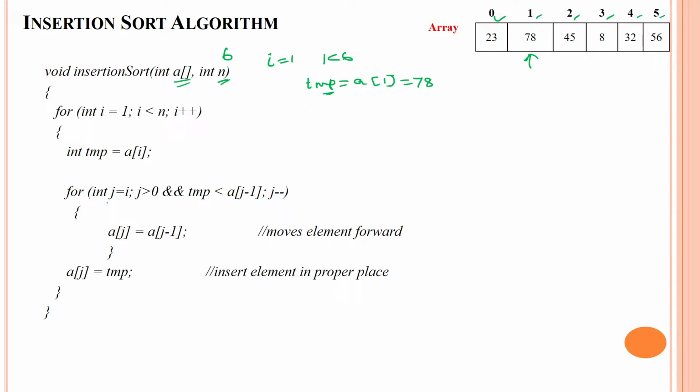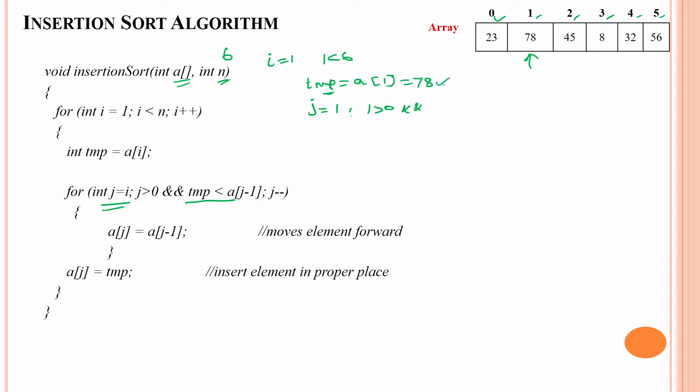Then the next for loop is j, where j is the i value, so j is 1. The condition is j should be greater than 0, so 1 greater than 0. The next condition is temporary less than a of j minus 1.